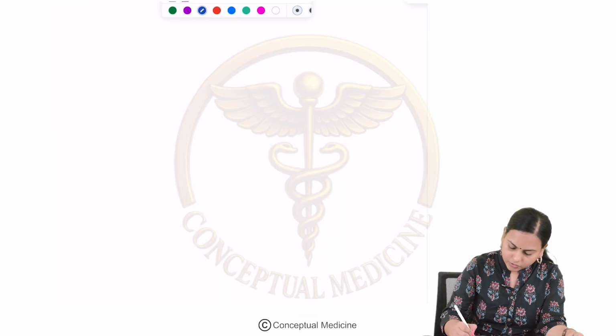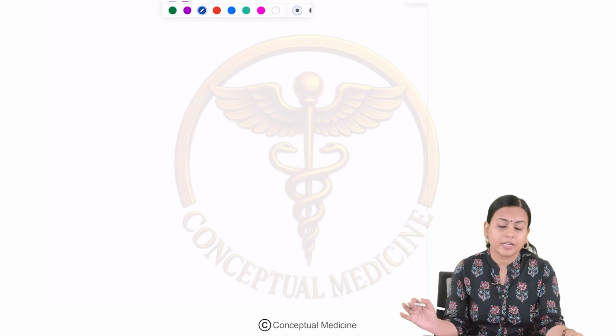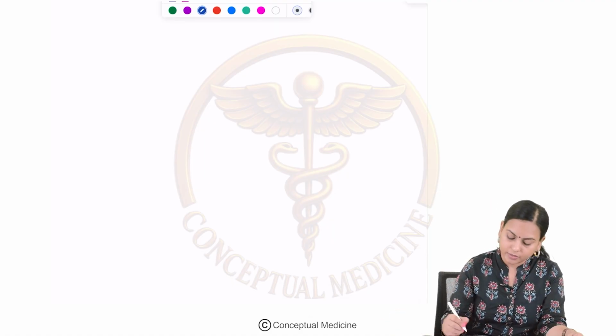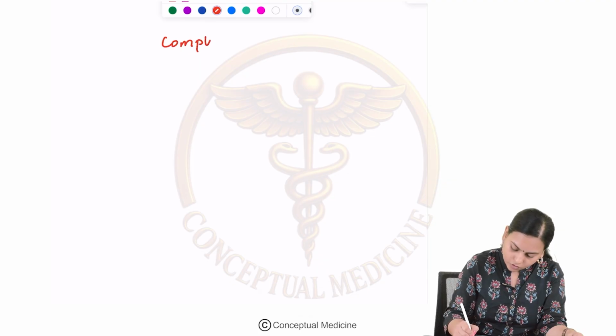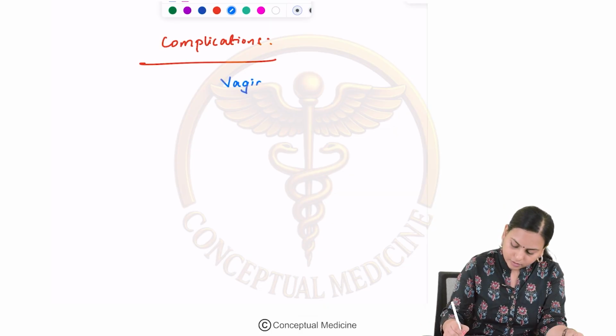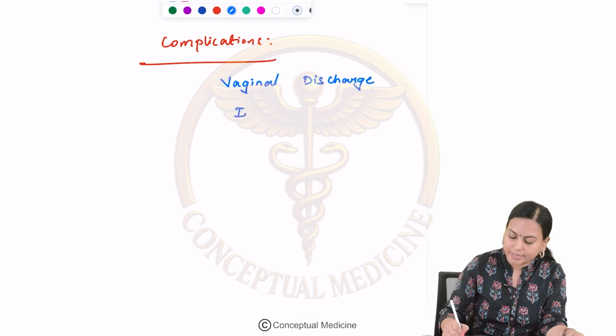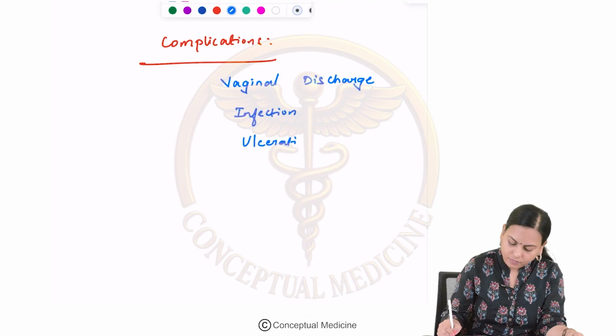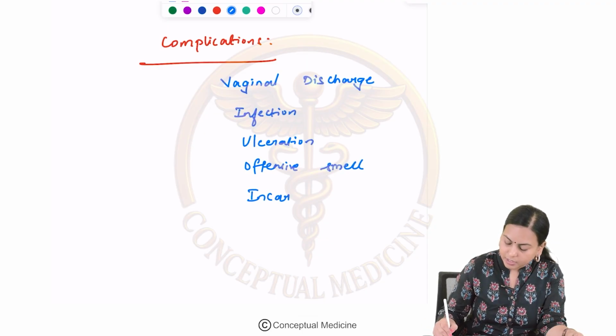So with pessary we can also expect complications. The complications of pessary usage include: she may complain of vaginal discharge, there can be infection, ulceration, offensive smell coming from the discharge, there can be incarceration.